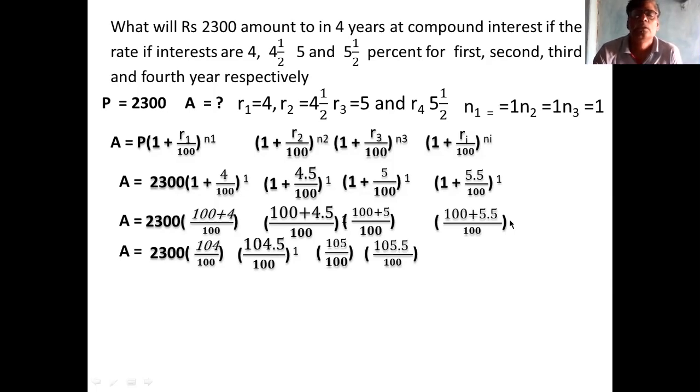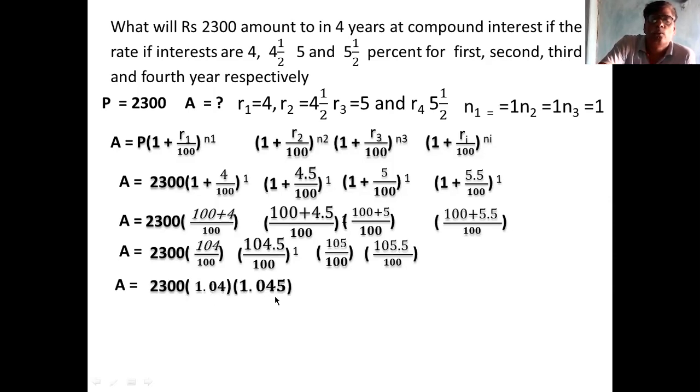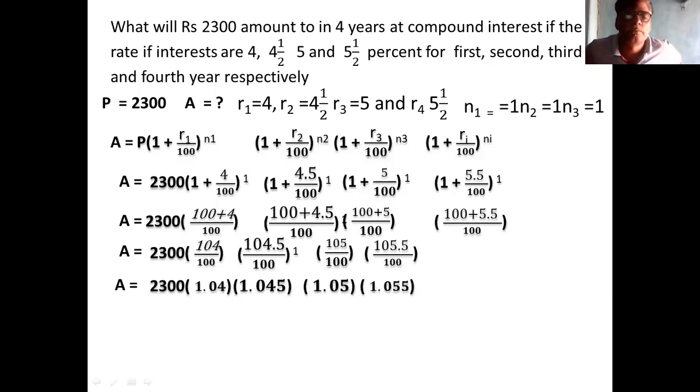Raised to 1 is neutral. Then in the next step, A is equal to 2300 into 1.04 into 1.045 into 1.05 into 1.055. This is the next step.